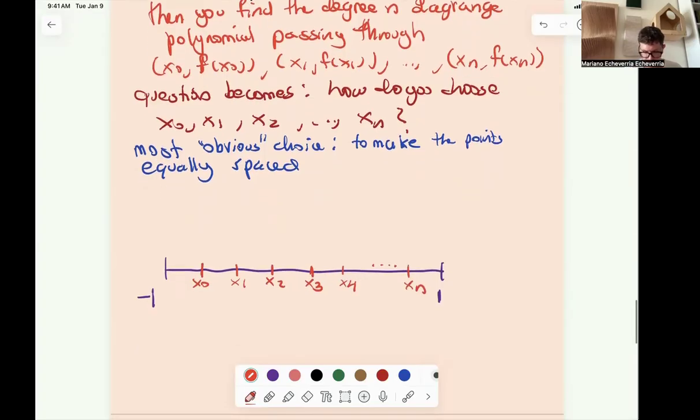So the idea here is that, in absolute value, I'm ordering them so they're increasing, so that's not a problem.